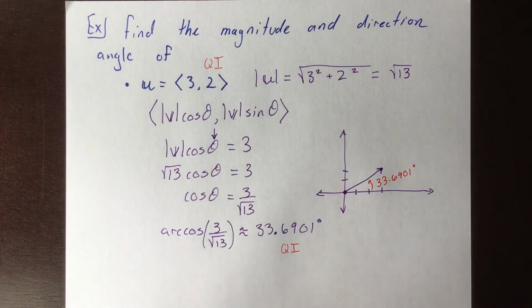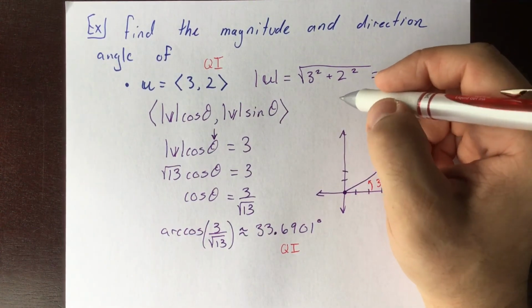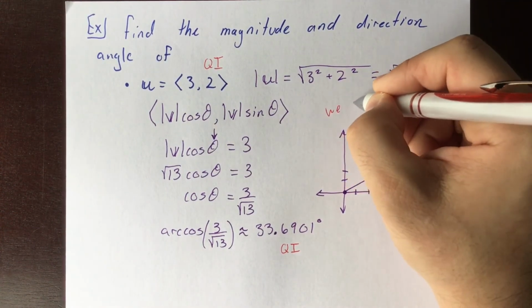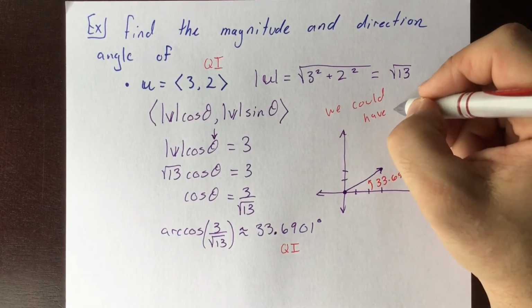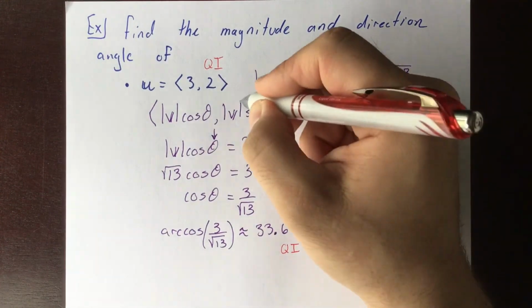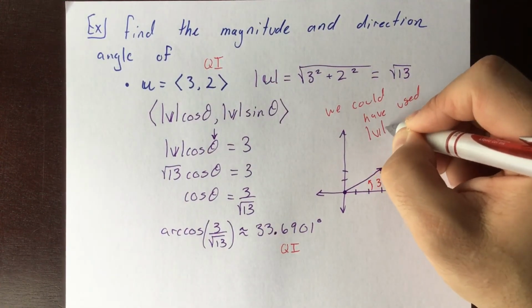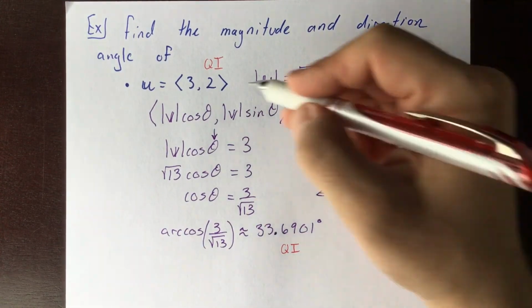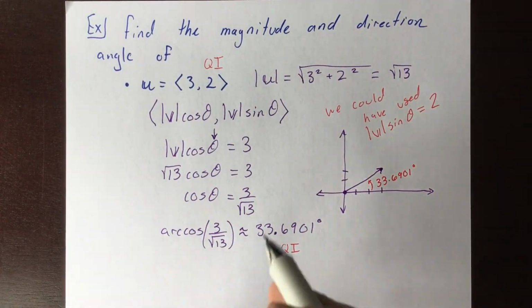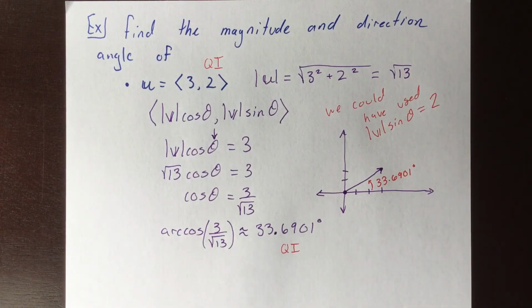So before moving on to the last example, I want to just remind you that we could have used, as I said before, magnitude times sine of theta, and set that equal to 2. We could have done that. You would have gotten the same exact angle measure.